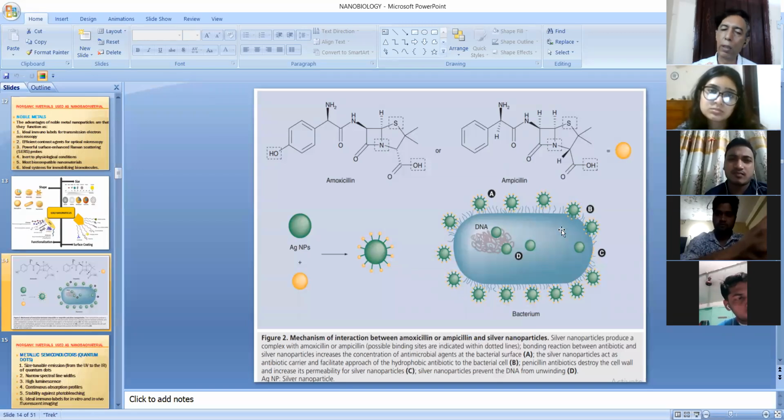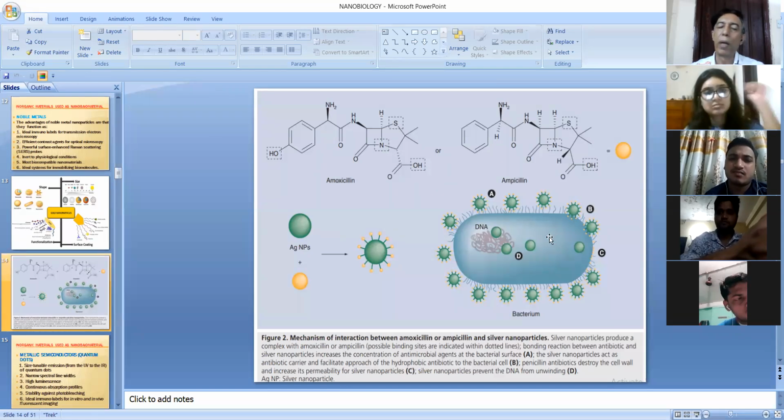This typhoid bacteria will die after changing the conformation of DNA inside it. So if you use nanobiomaterial, it enters the cell of a bacterium.